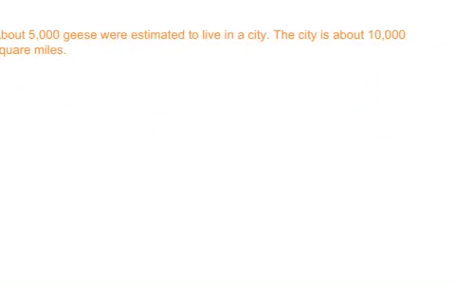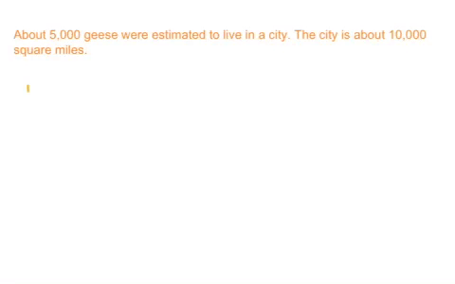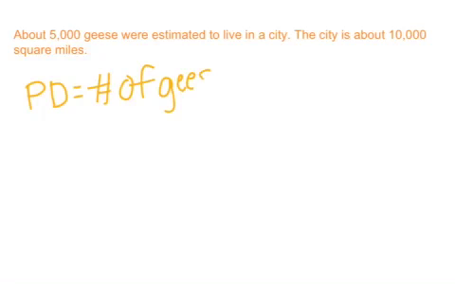All right, next one. In a city, there are 5,000 geese that live there. The city is about 10,000 square miles. Thinking about the same thing, population density is the number of geese, people, and so on, divided by the total area.